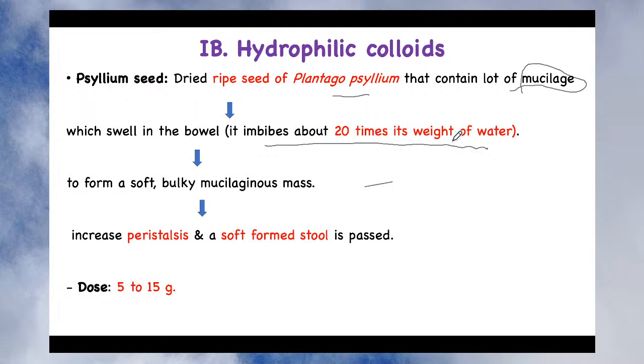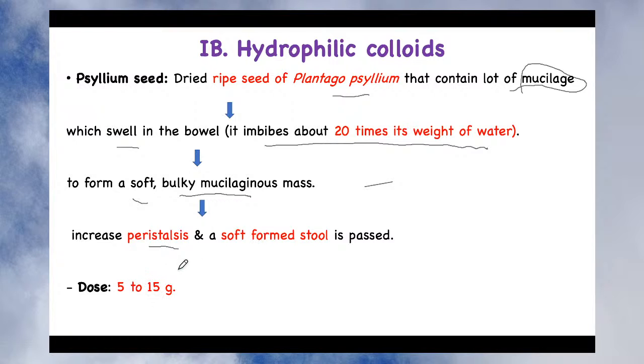So it swells in the bowel, and since it swells, it stimulates peristalsis, so there is an increase in peristaltic movement. Also it forms a soft and bulky mucilaginous mass. So the overall result is increased peristalsis and softening of the stool, which helps in the process of defecation, right?